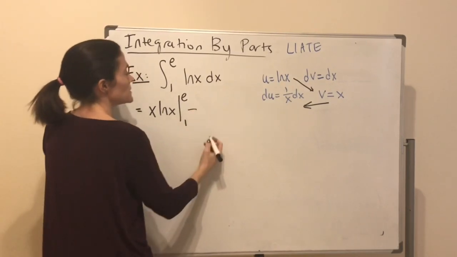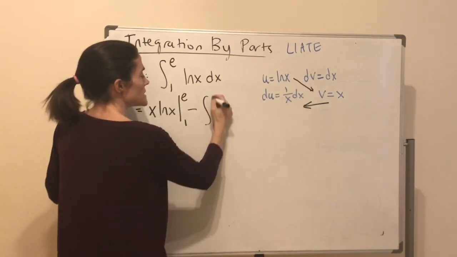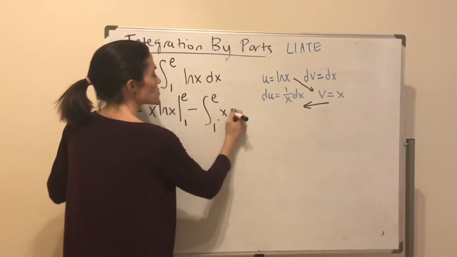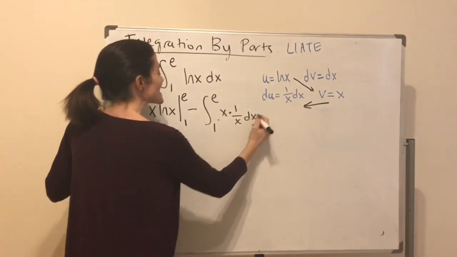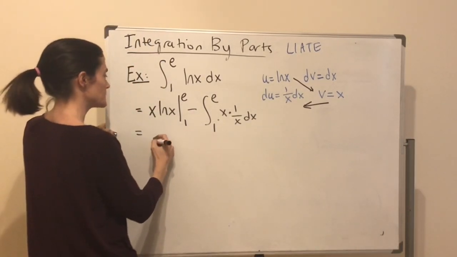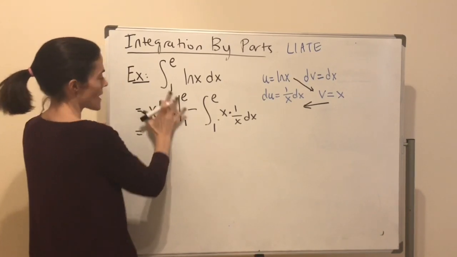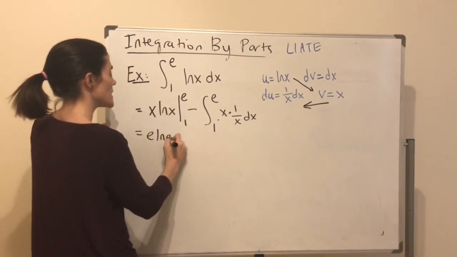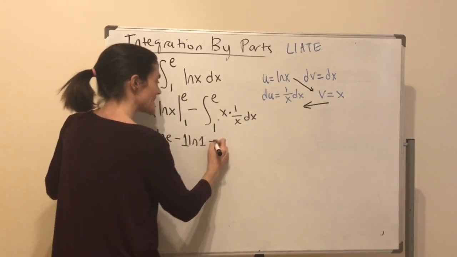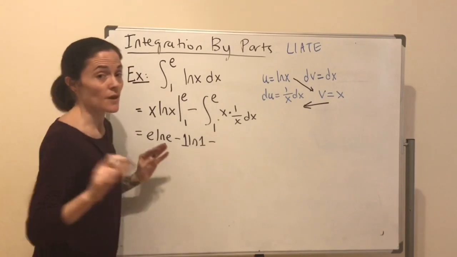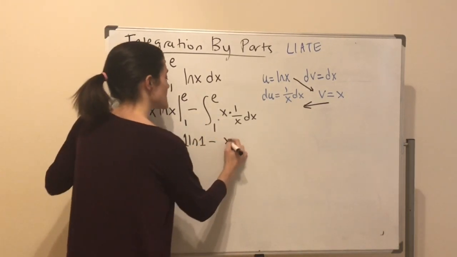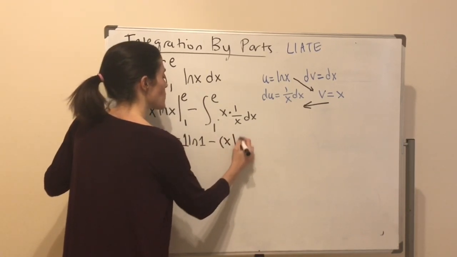Then subtract the integral from 1 to e of x times 1 over x dx. Okay, I will evaluate here. It's e ln e minus 1 ln 1. And then minus here, this is just the integral of 1, right? I integrate, I get x, so this is x evaluated between 1 and e.